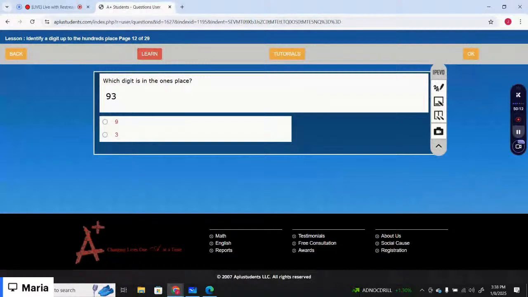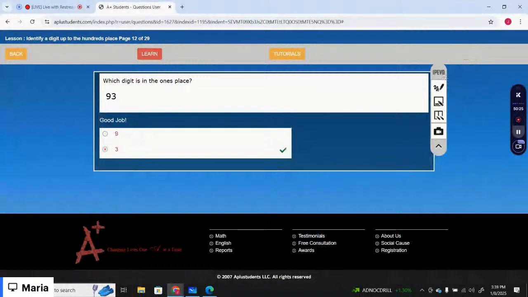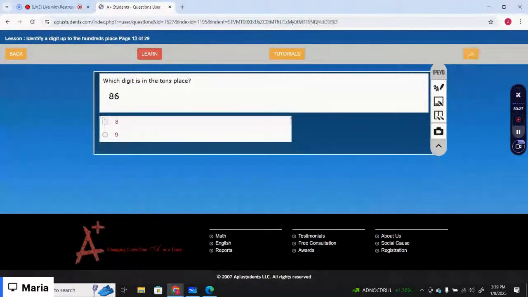Which digit is in the ones place? That is 3. The correct option is 3. Which digit is at the tens place?